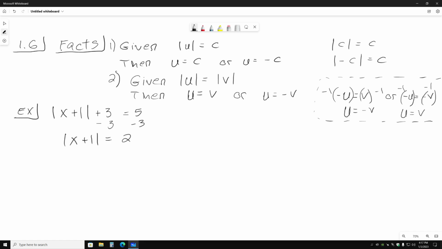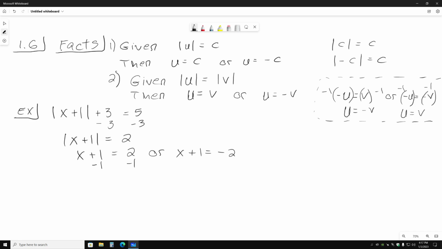And now we can use our first fact. Drop the absolute value to get x plus 1 alone, and that's equal to 2. Or dropping the absolute value again to get x plus 1 equals negative 2. And now we solve in both cases.